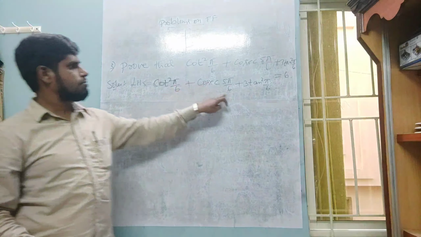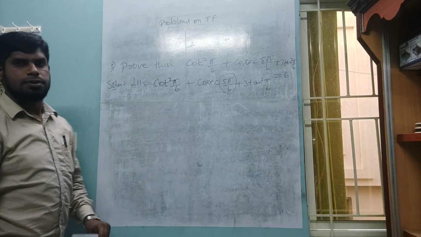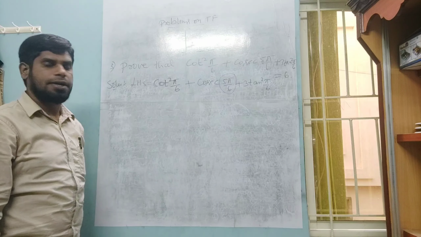Friends, here the angles are the same, but this one is a little bit different. Okay, pi by 6 is 30 degrees.